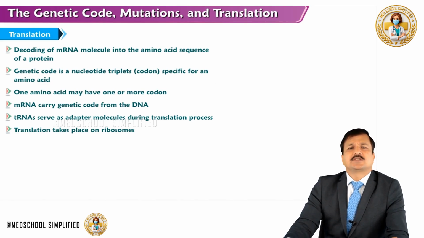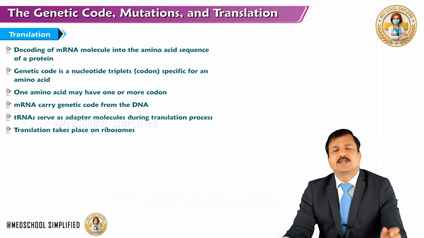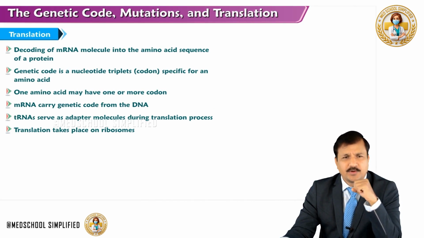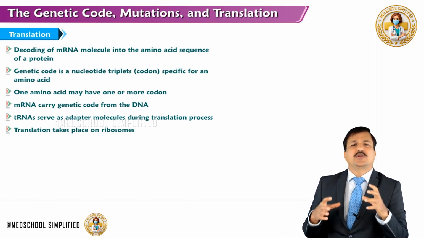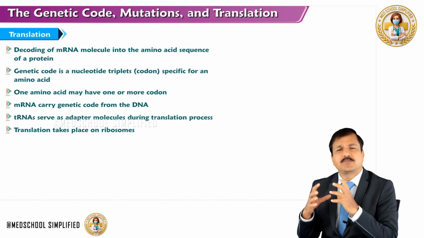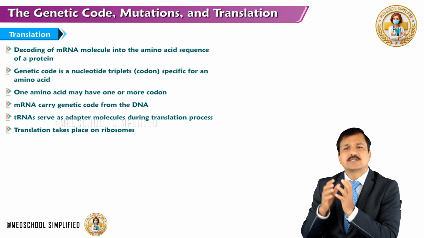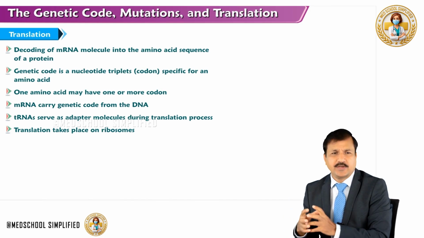The second stage in gene expression is translating the nucleotide sequence of a messenger RNA molecule into an amino acid sequence of a protein. The genetic code is defined as the relationship between the sequence of nucleotides in DNA and the sequence of amino acids in a protein.